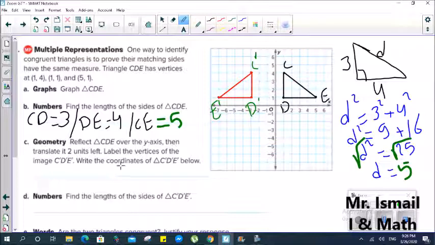Write the coordinates of C prime, D prime, E prime. C prime, here. You want X, go to X, minus 3. You want Y, go to Y. So minus 3, 4.